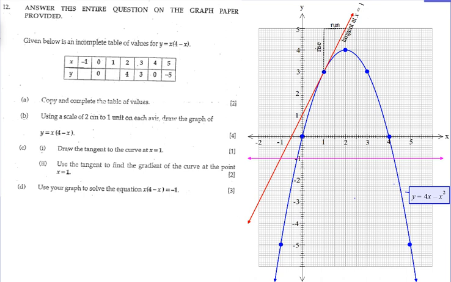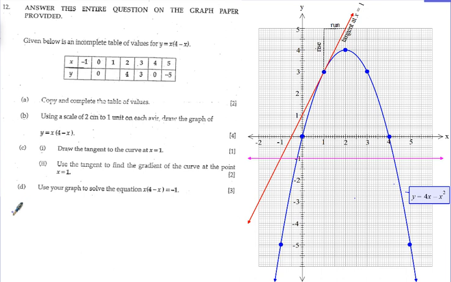The first missing y value has a matching x value of negative 1.